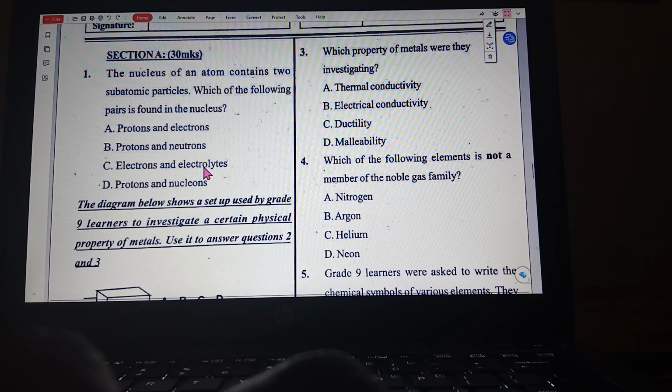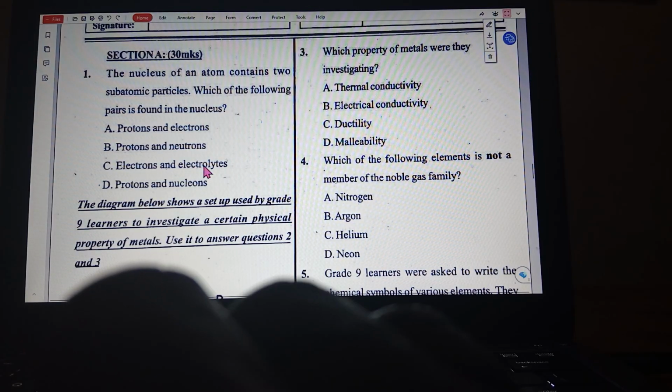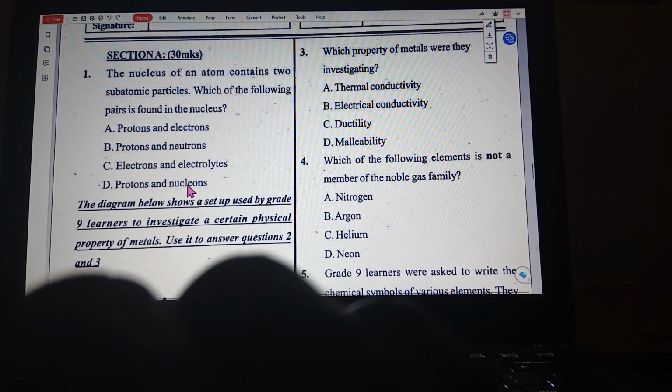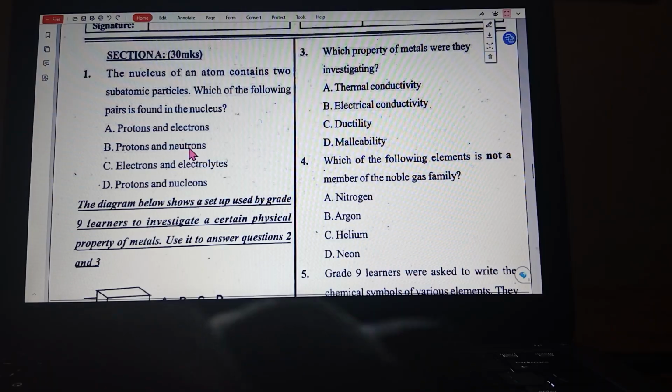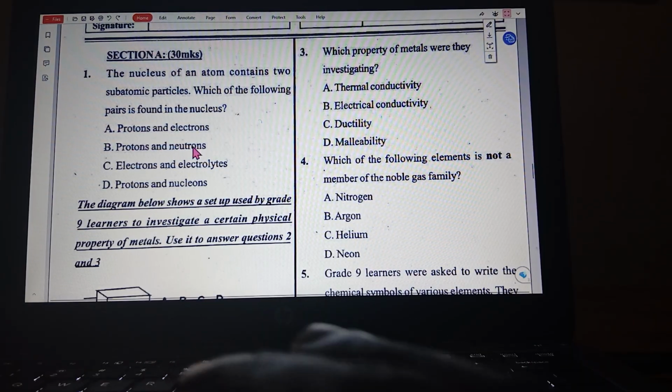We don't have subatomic particles called electrolytes. Protons and nucleons, we don't have a subatomic particle called nucleons. What we have is neutrons. So the answer is protons and neutrons.